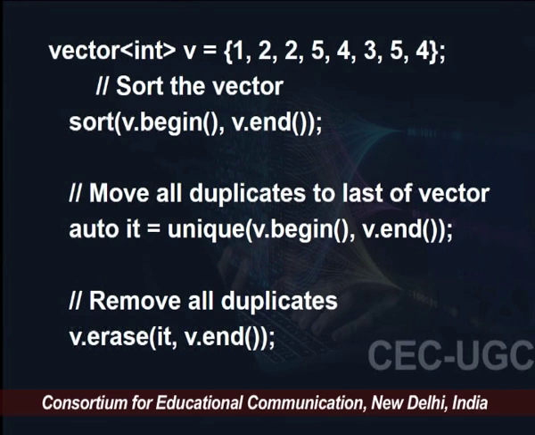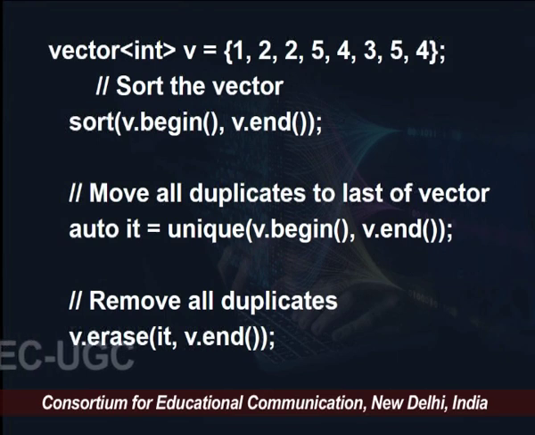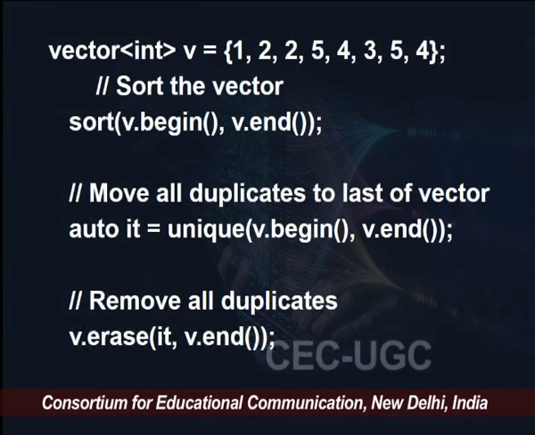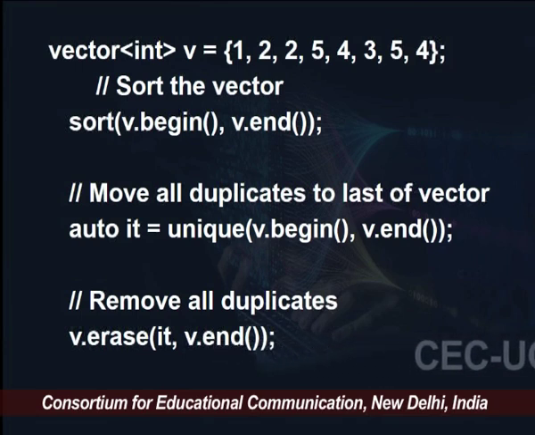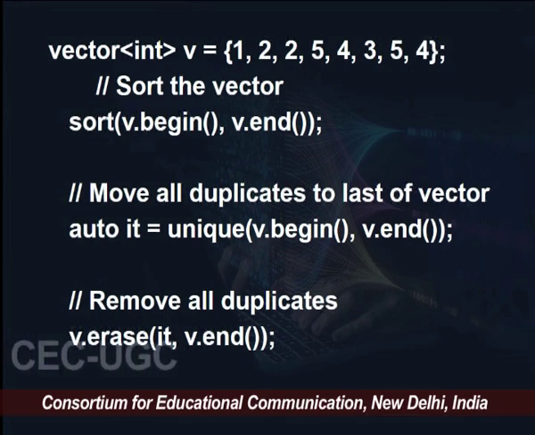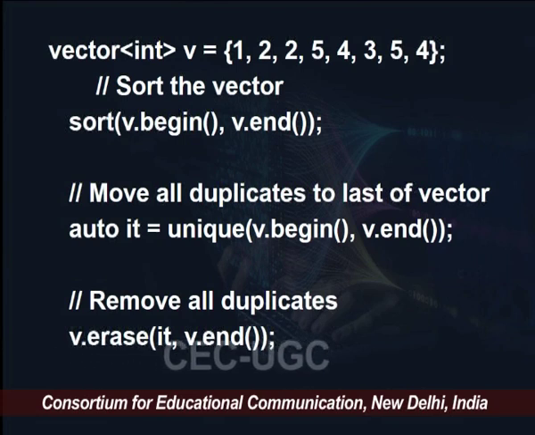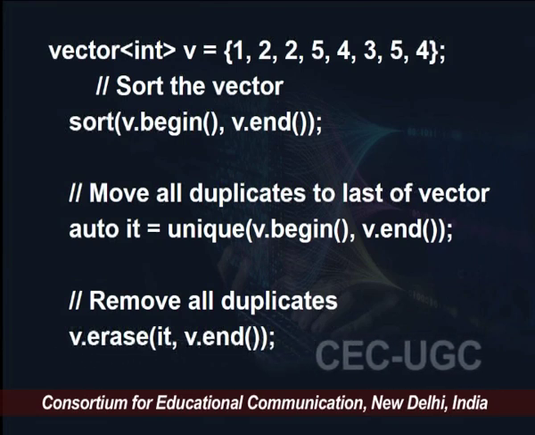Then, in order to move all the duplicates to the end of the vector, we declare a variable it, which is of type auto, and I am sure you understand this. Then we have unique v dot begin to v dot end.